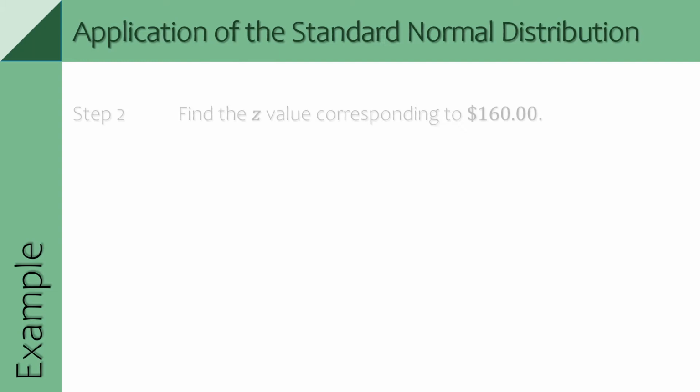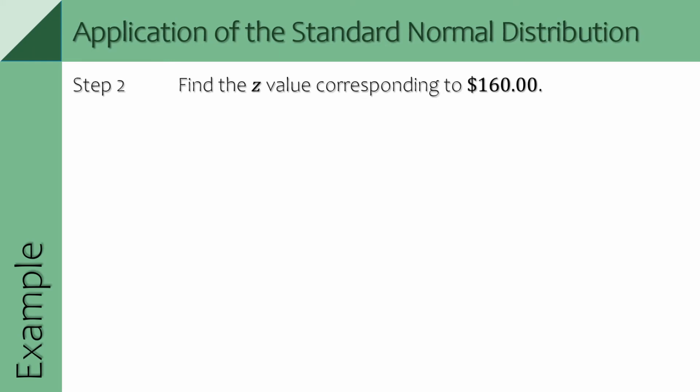Now find the z value corresponding to 160, using the z-score formula, x minus mu over standard deviation. So x is 160, mu is 146.21, and the standard deviation is 29.44. That is 160 minus 146.21 all over 29.44.